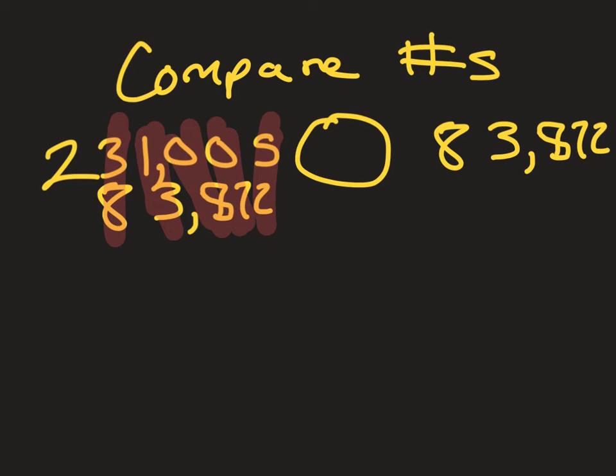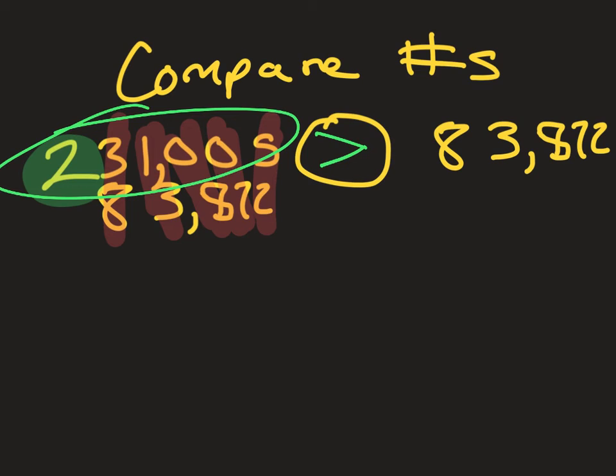What I noticed pretty easily is this digit, the 200,000s, is all by itself. Because of that, with a value in the largest place value with nothing similar to it, it automatically makes this larger number the one that, if we were to use our alligator example, we'd want to eat. Since it has a larger value, in this situation it is the greater of the two.